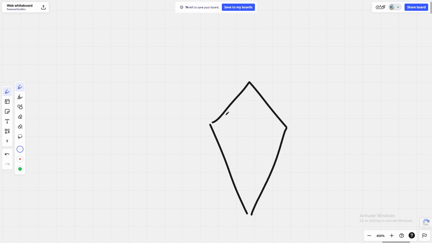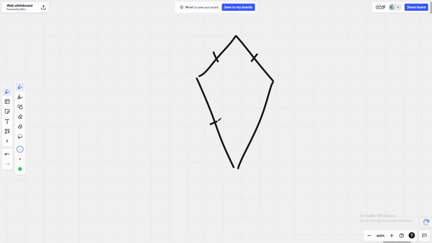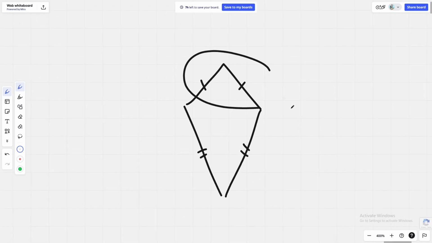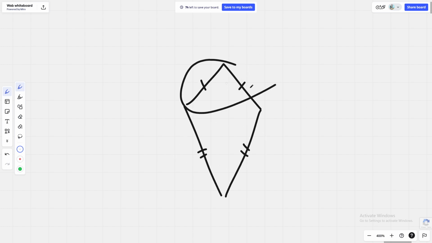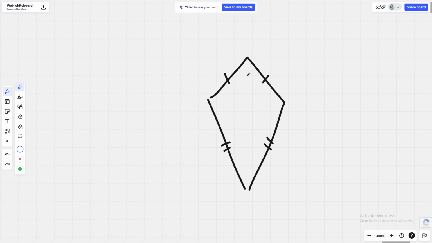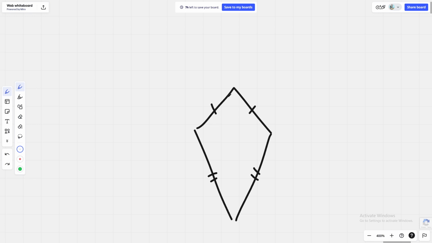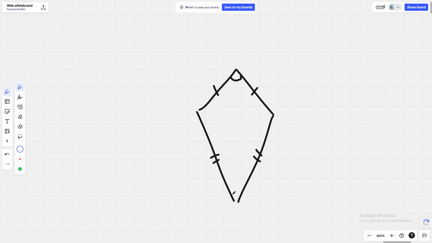So in a kite, the kite has a lot of properties. Kites have no parallel sides, but they do have two pairs of congruent sides, which means that these two are congruent and these two are congruent. In a kite, we have vertex angles.